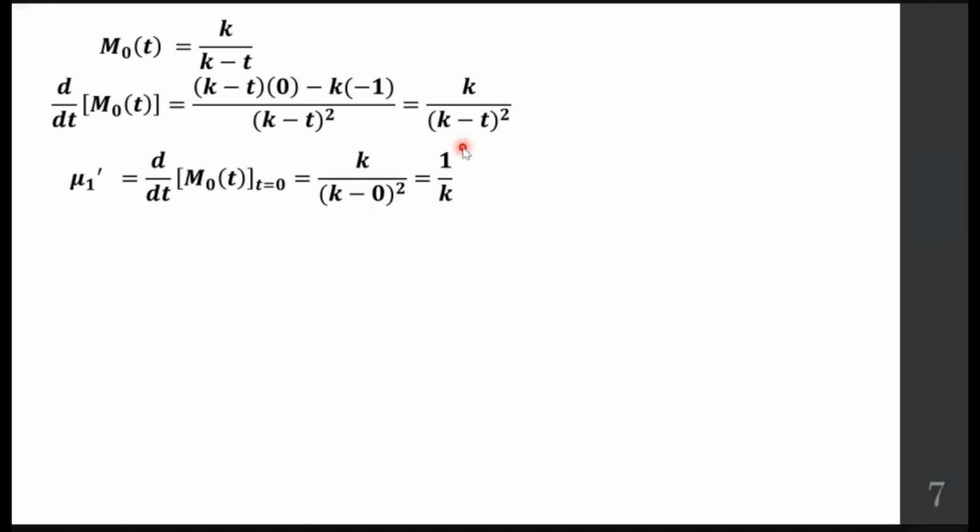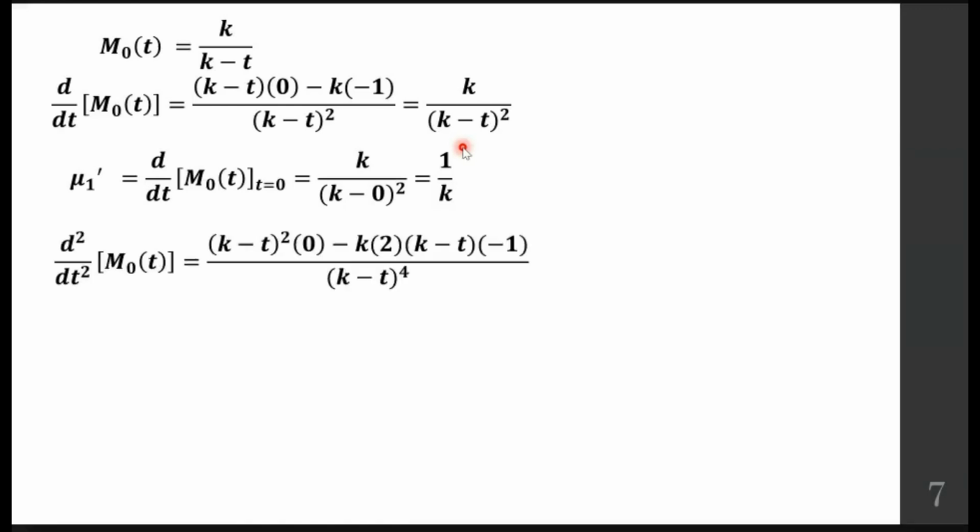Now calculate mu 2 dash, by differentiating again with respect to t. Again I have used u by v here, but you need not do that; you can directly write the derivative of 1 upon x square. I've applied u by v here.